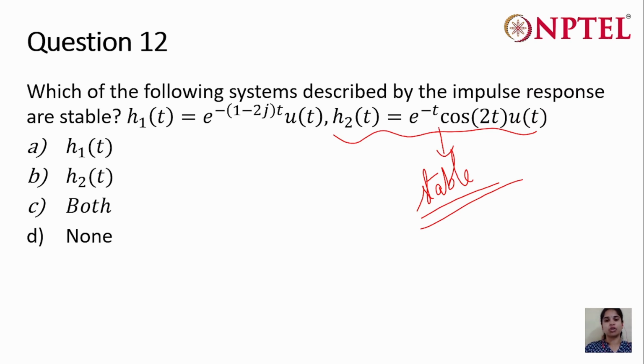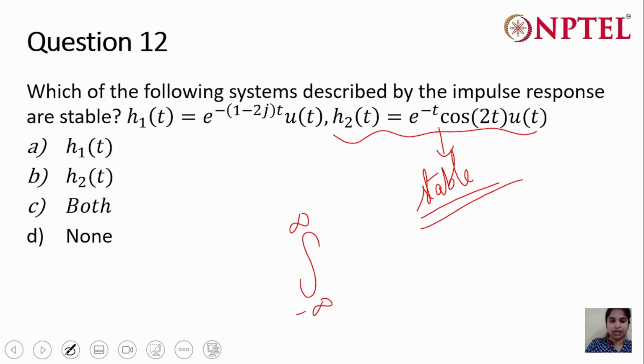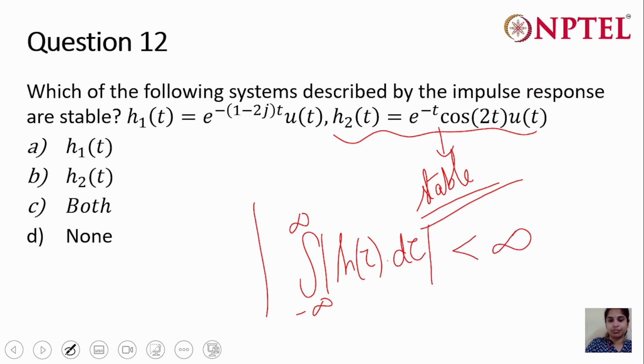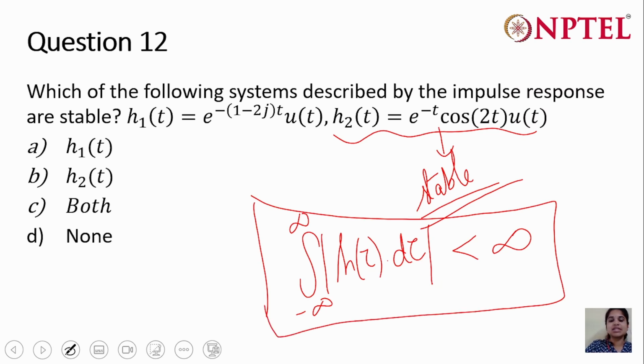Based on that, we could choose the option. Both H1 and H2 are stable only, ma'am. Okay. So how did you guys check the condition for stability? Integral minus infinity to infinity mod of h of tau d tau should be less than infinity, right? If this condition is satisfied, our system is a stable system.